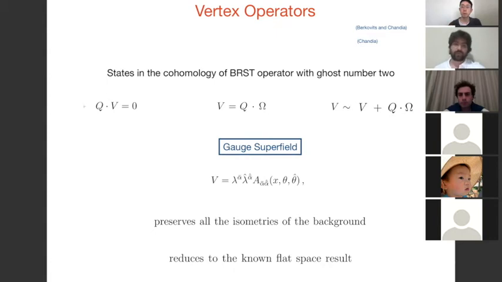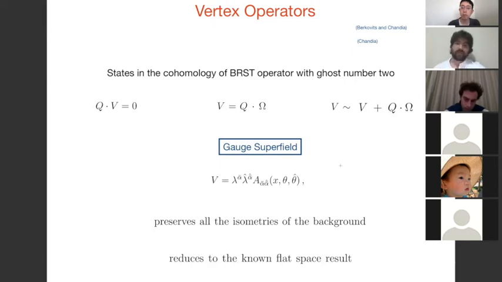So the vertex operators are annihilated by this BRST operator, and they are not exact, and they are usually gauge superfields, because you can act with some gauge transformation here, some BRST exact terms. So it was shown in this paper by Berkovits and Chandia that the vertex has this form in a general supergravity background. So what is it? It's a gauge superfield. It's just one superfield in a gauge superfield.